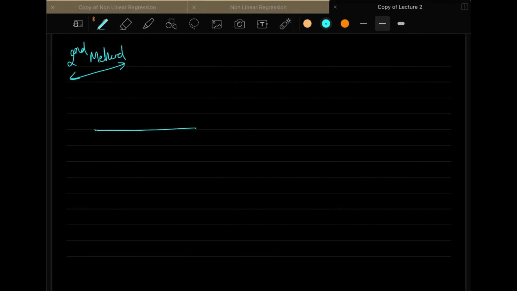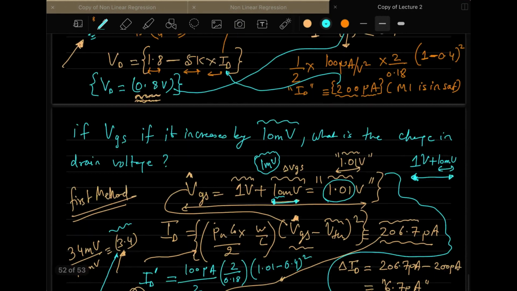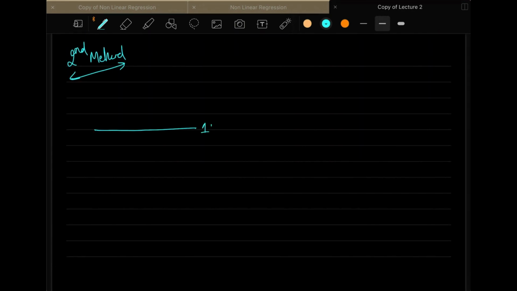This is your VGS, which is right now 1 volt, and what you are doing is applying a very small signal like this on top of it, which is 10 millivolts. If you apply 10 millivolts on 1 volt, effectively it is 1 volt only. You cannot even see the difference. If you do it in your simulator, you will not see any difference here.